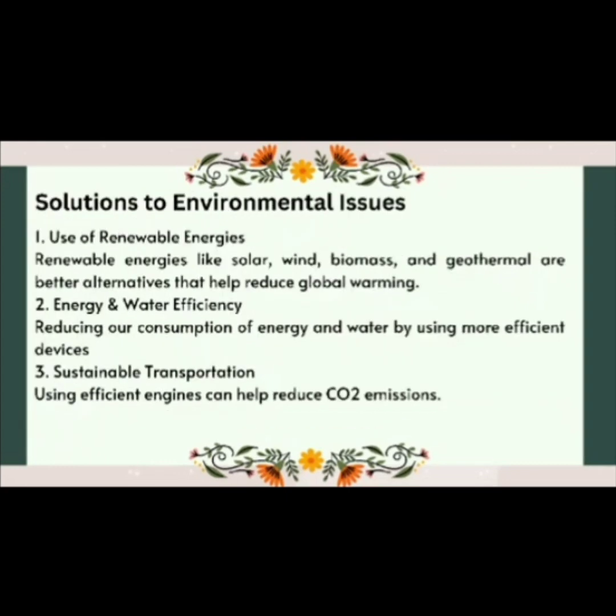Let's move on to the solutions to environmental issues. The first is the use of renewable energies. The first way to prevent climate change is to move away from fossil fuels.